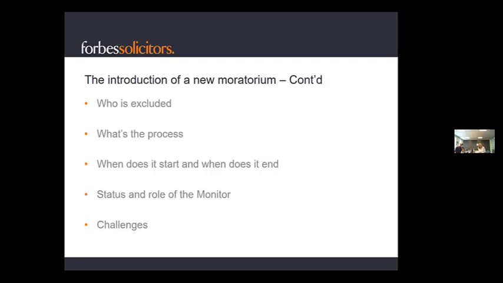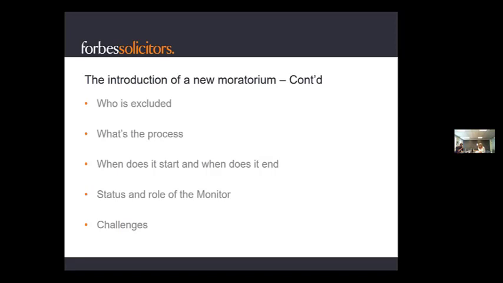I'll now cover off the status and role of the monitor. So as I've mentioned before, the monitor must be a licensed insolvency practitioner, and their role is to ensure the conditions for the moratorium to be in place continue to be met and protect the creditor's interests. The monitor's purpose is to monitor the company's affairs for the purposes of forming a view as to whether it remains likely that the moratorium will result in the rescue of the company as a going concern.